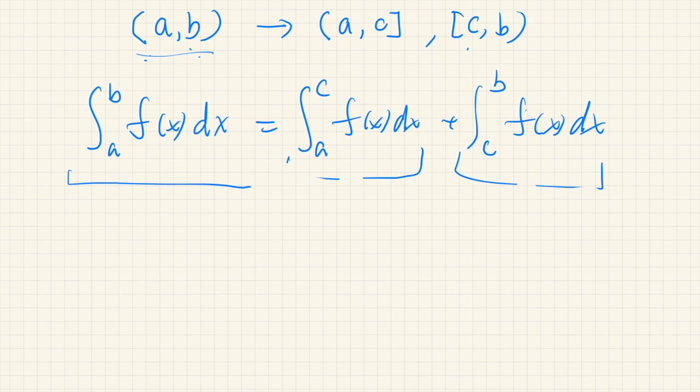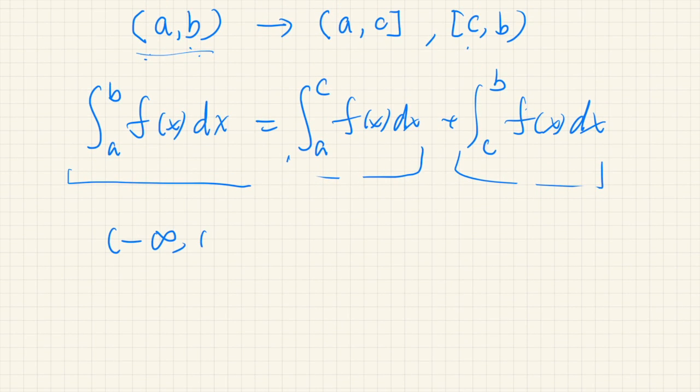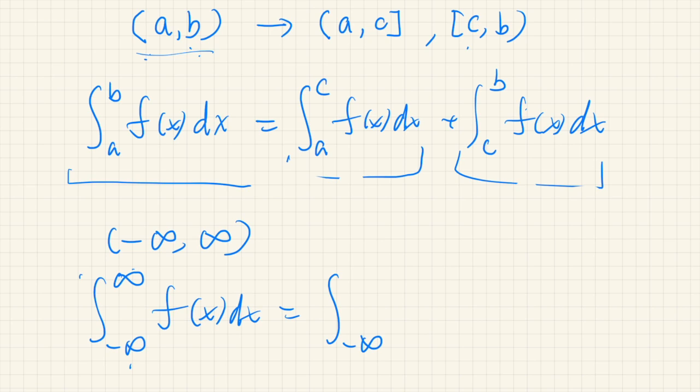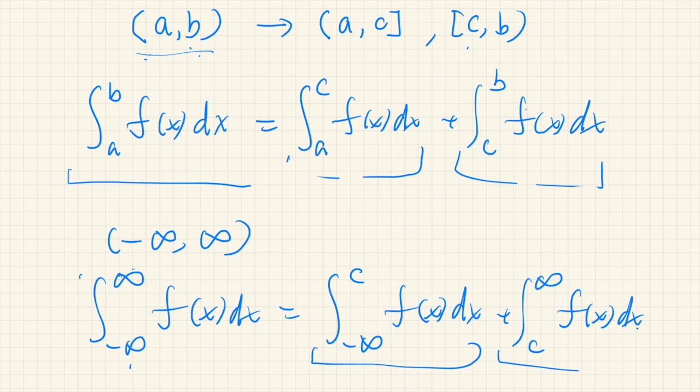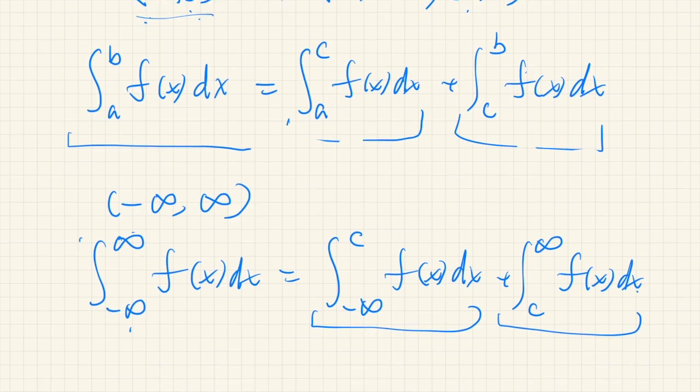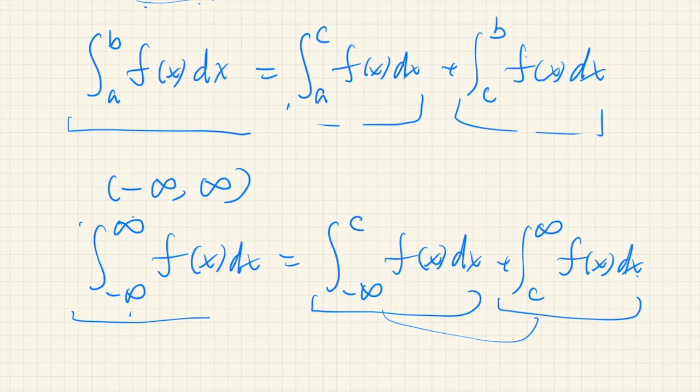And similarly, integrating for entire real numbers, that is from negative infinity to positive infinity. So some such integrals as this one, f of x integrating from negative infinity to positive infinity. This is defined as this. Negative infinity to some constant c and c to positive infinity. Okay, and if both improper integrals exist, then their sum defines this left-hand side.